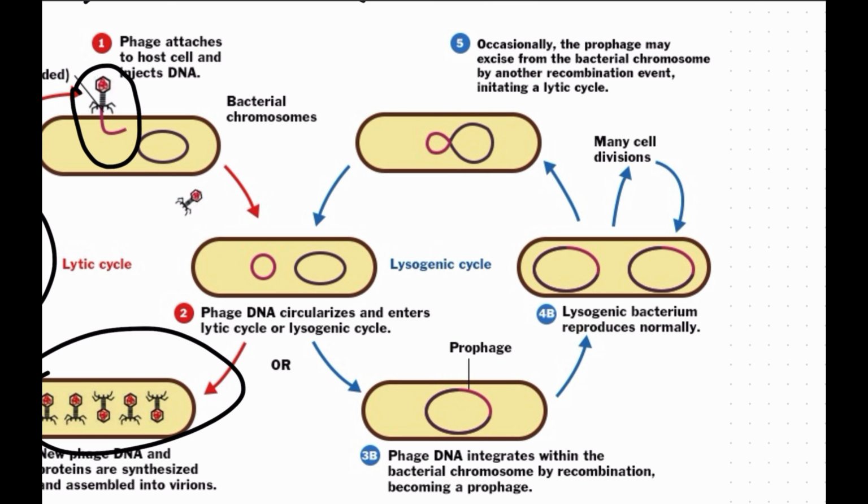Eventually, under stressors, specific triggers, the viral DNA can switch up to the lytic cycle, leading to active replication and cell destruction. So T4 phages are strictly lytic, meaning they always destroy the host cell rather than lying dormant, right?